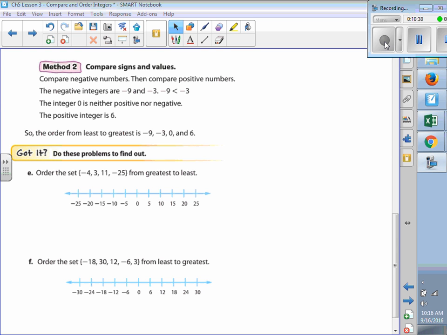All right, in the example, we want to order this set from greatest to least. So the first thing we're going to do is put it on a number line. We've got -4, which is about right here. We've got 3, which is about right there. We've got 11, about, you see how I'm just estimating where it's going on the number line?